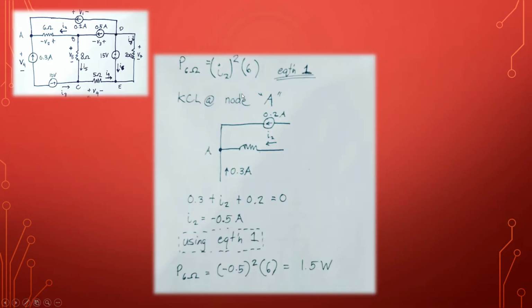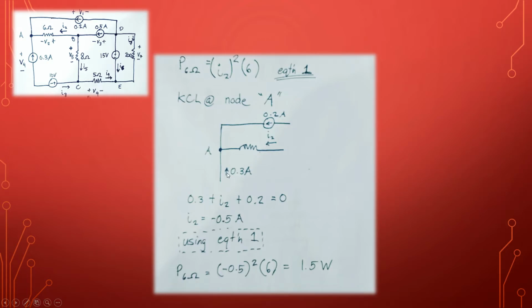And so here is our overall circuit, and in this problem you're going to be using KCL, or Kirchhoff's current law, at node A. Here is my node A, redrawn to be clear.